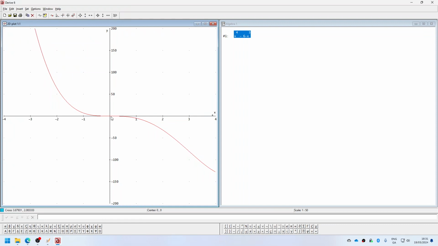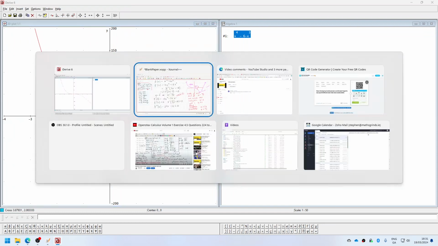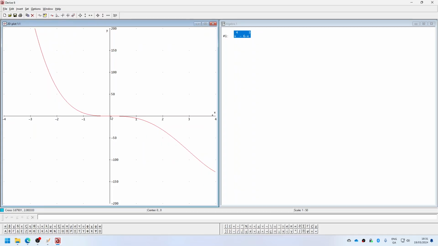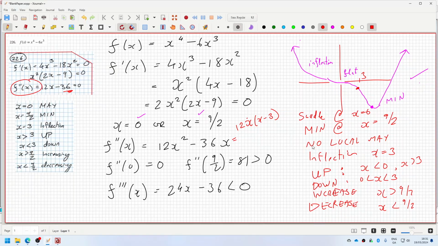Concave up at 0 and more than 3, and concave down in between 0 and 3, and an inflection also at 0. Okay, so how does that compare to what I previously got?